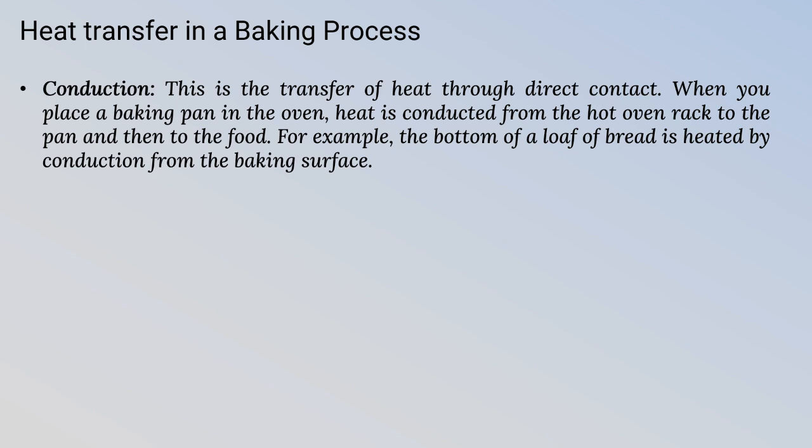Now let us also know the science behind it. How heat is transferred in a baking process. Though we have already learned that there are three ways of heat transfer. Now the first one is conduction, and in the case of baking we get to see all these three things happening together.